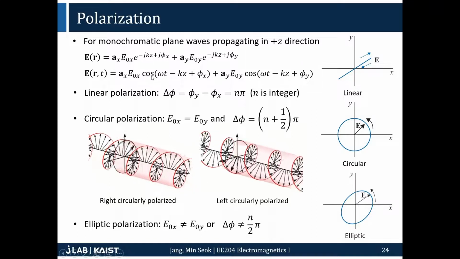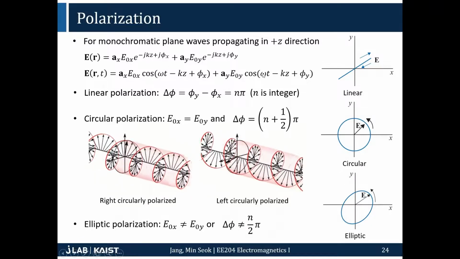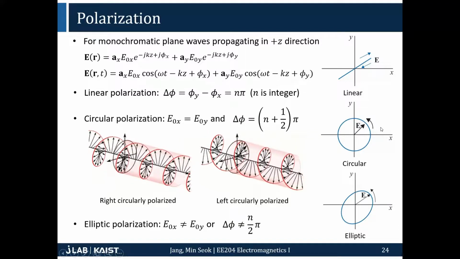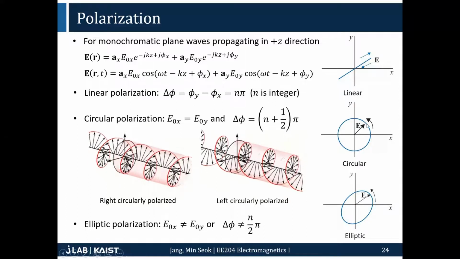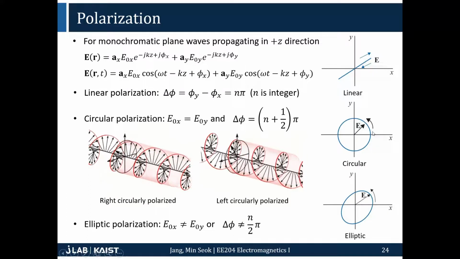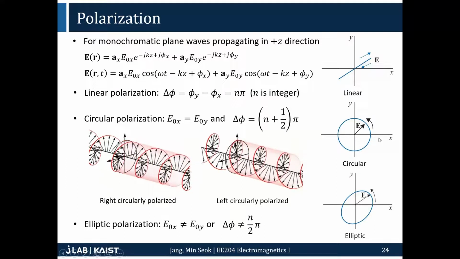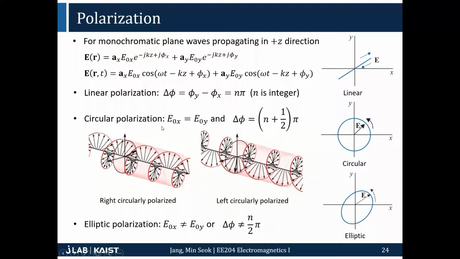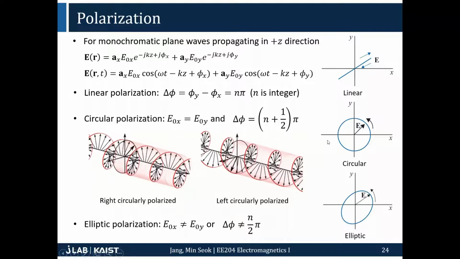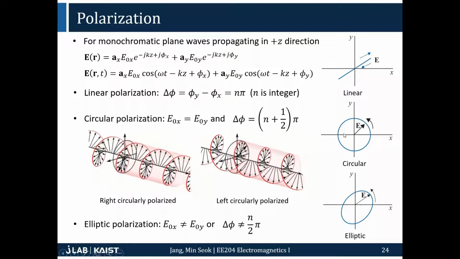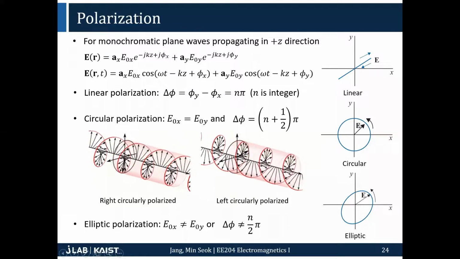So one of them is written as cosine and the other as sine, which means the tip of the electric field vector should rotate as time goes by. And because E0x and E0y are the same, it forms a perfect circle. And this polarization is called circular polarization.